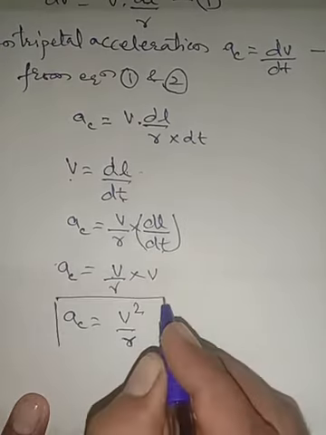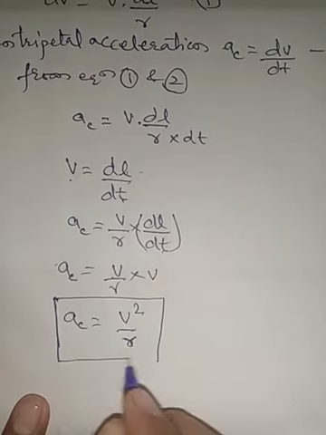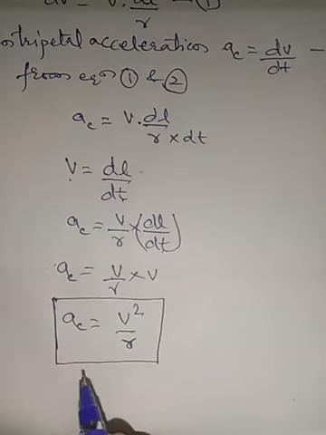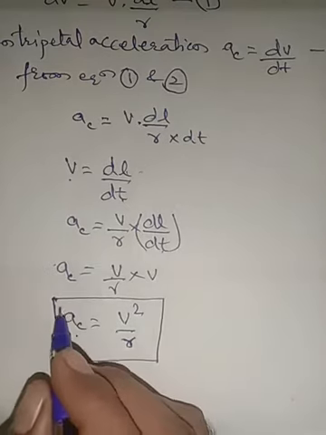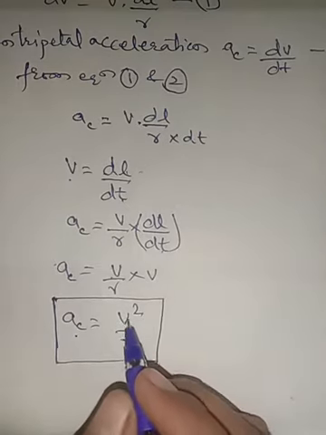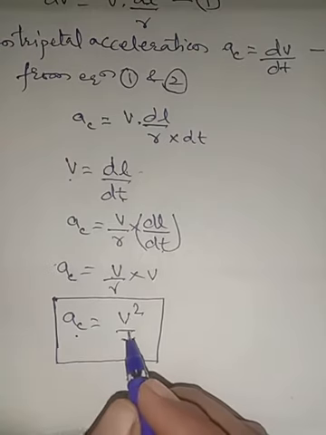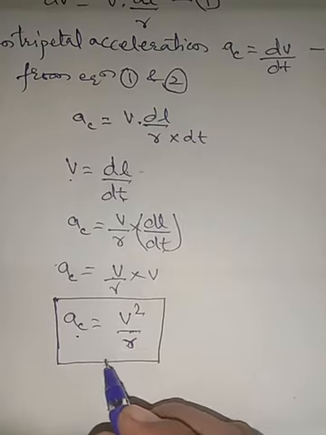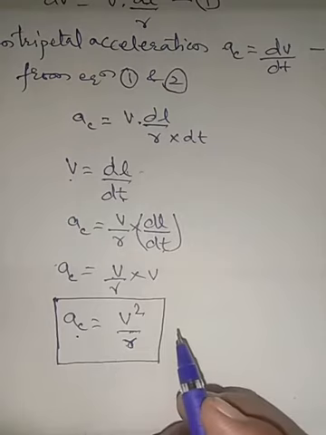This indicates that the centripetal acceleration is directly proportional to V square upon r, where V is the velocity with which the particle is moving from point A to point B.